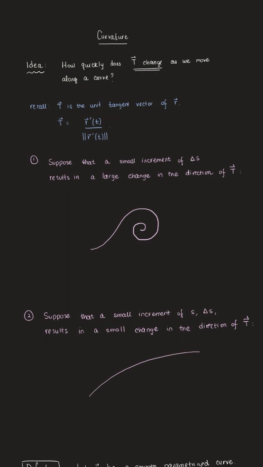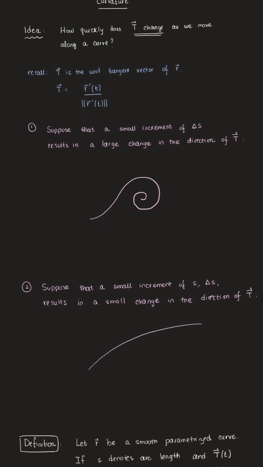So let's suppose that we're moving along our curve, and for a small increment, let's say over here, of the arc length from here to here, we have a large change in the direction of T. So notice, if my curve is going in this direction, and I sketch the unit tangent vector at, let's say, point P, it's going to look like this.